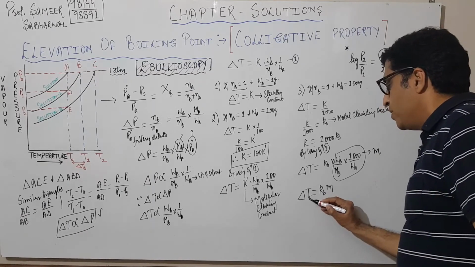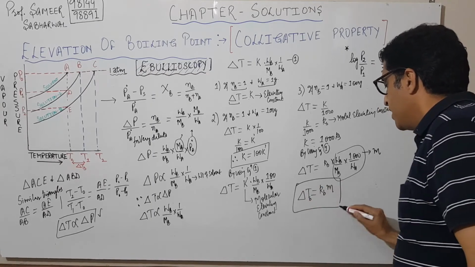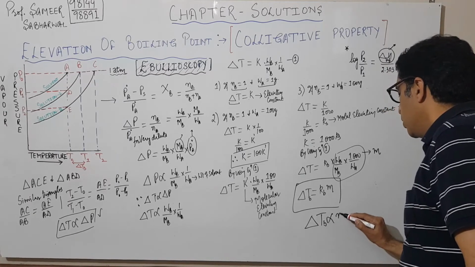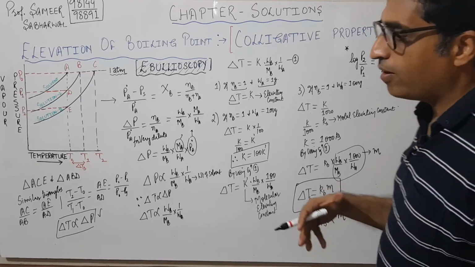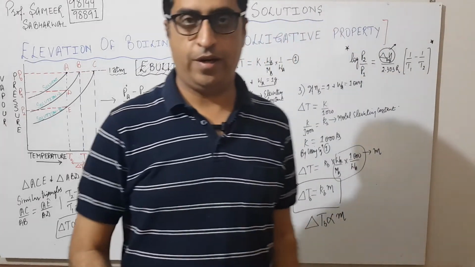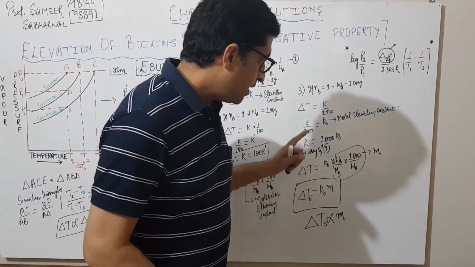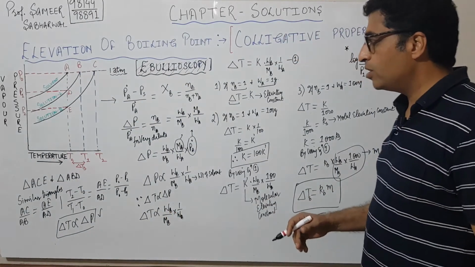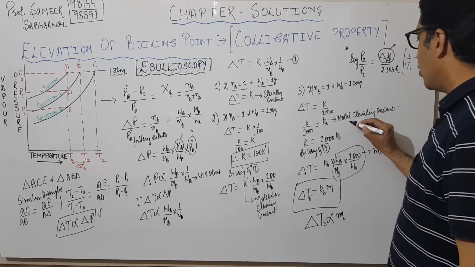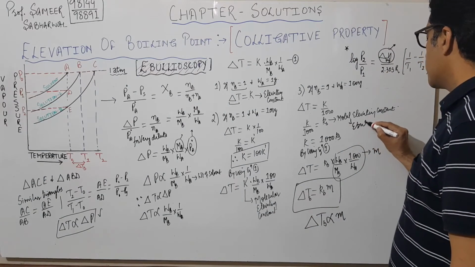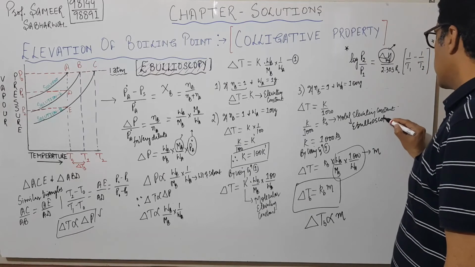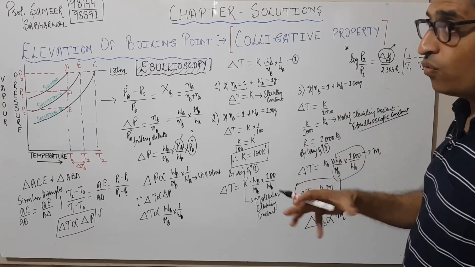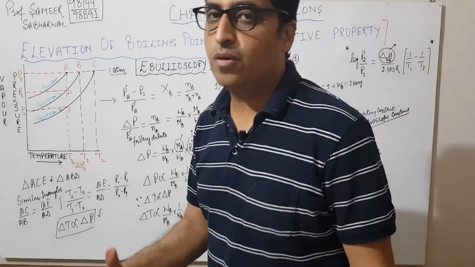Now I may write this as delta TB, which is the elevation of boiling point, and I want to say that delta TB is proportional to the molality of that solution, where KB is a constant known as the molar elevation constant, or this is also known as the ebullioscopic constant.